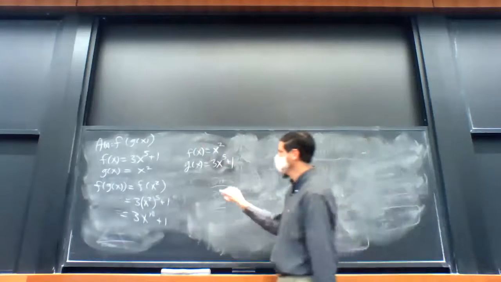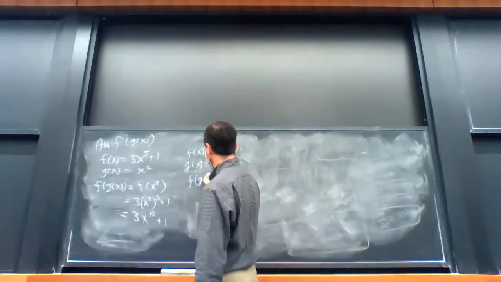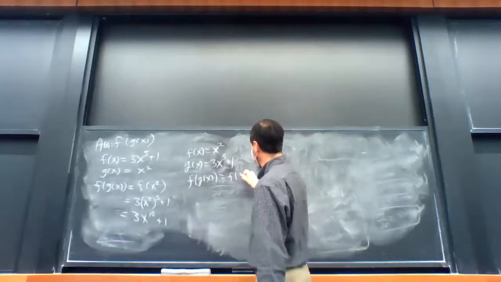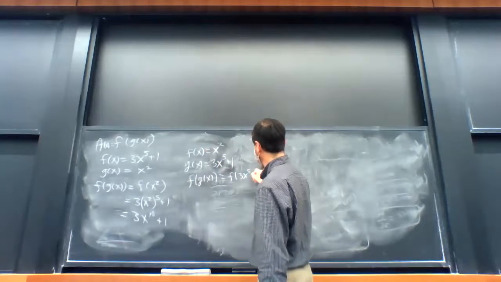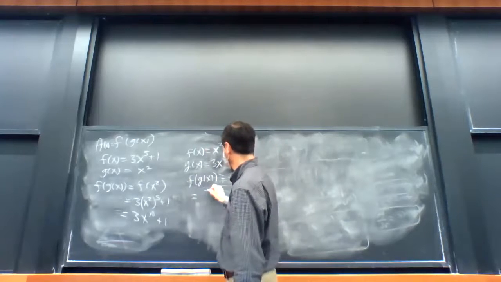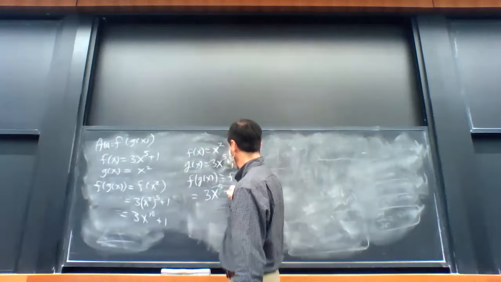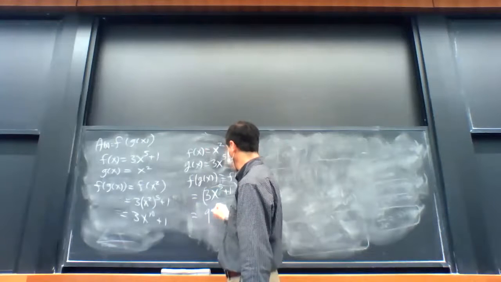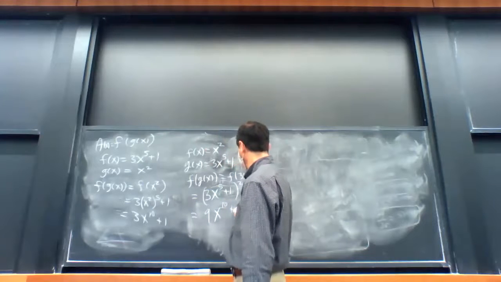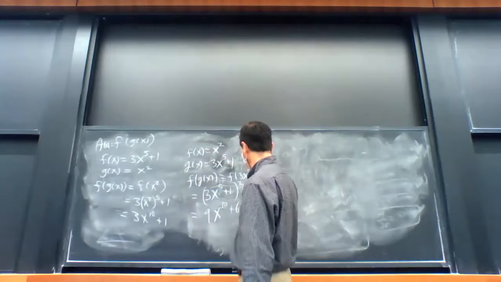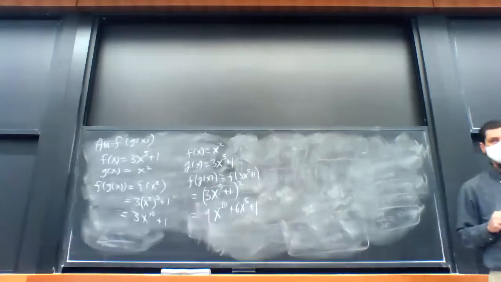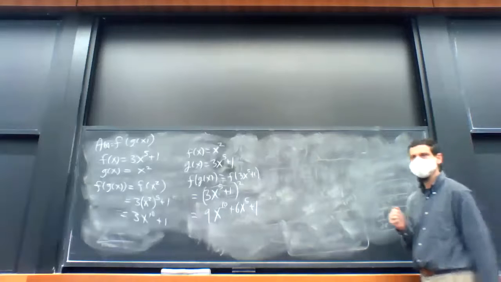And if I do that, now f of g of x is going to be f of 3x to the 5th plus 1. So that will be 3x to the 5th plus 1, squared. Well, I can square things. It will be 9x to the 10th plus 6x to the 5th plus 1. Can we differentiate that? Yeah, not a problem.